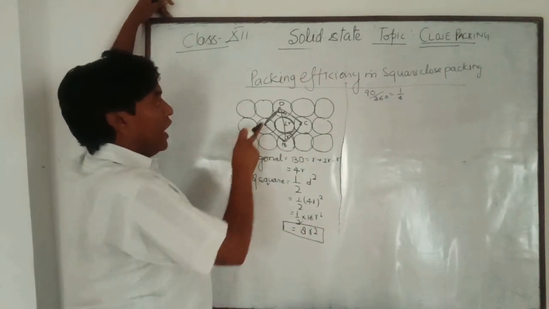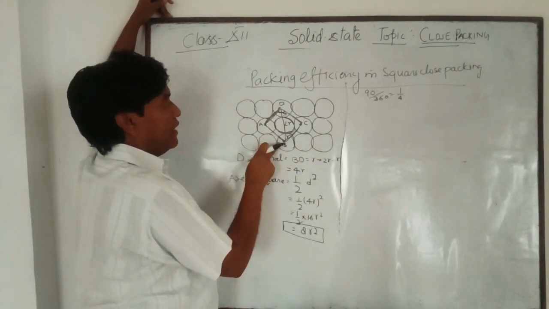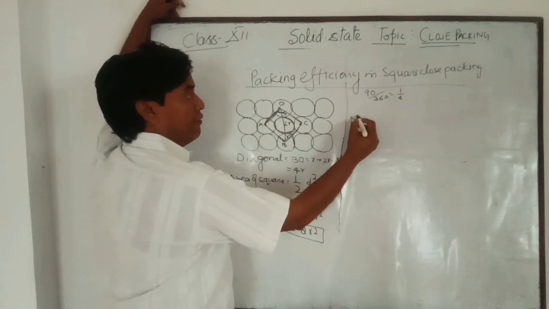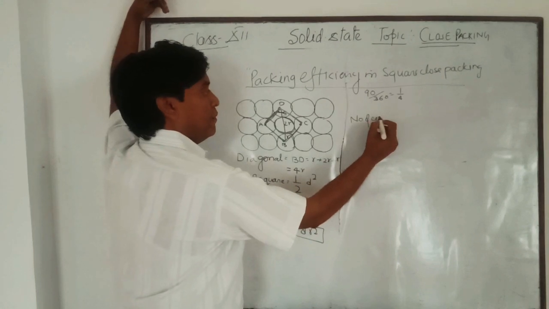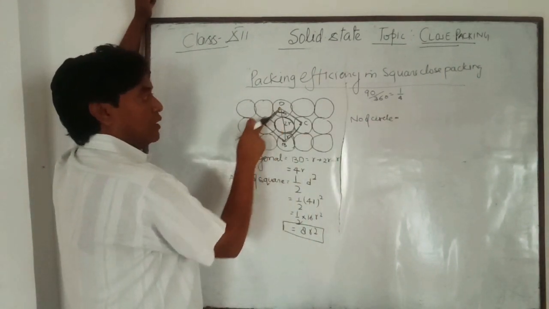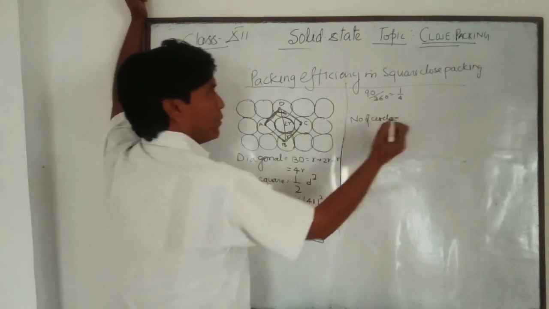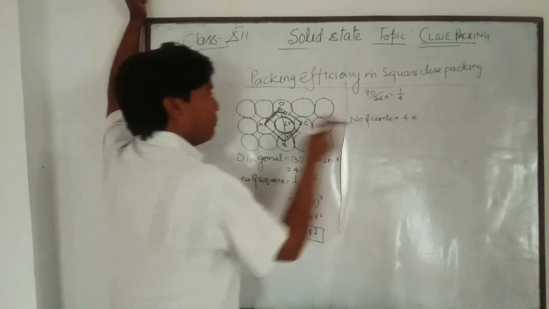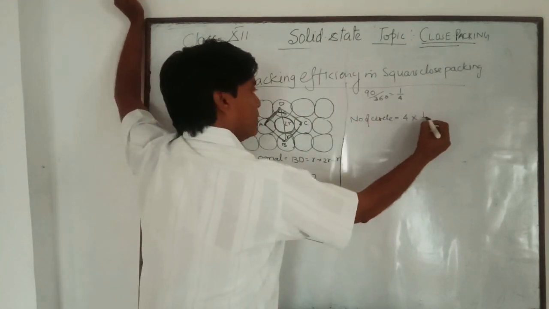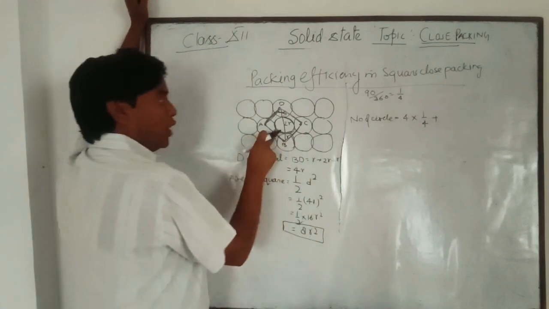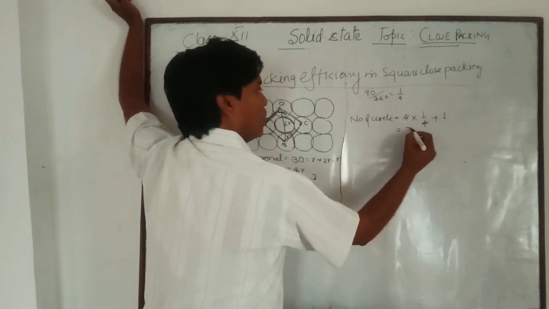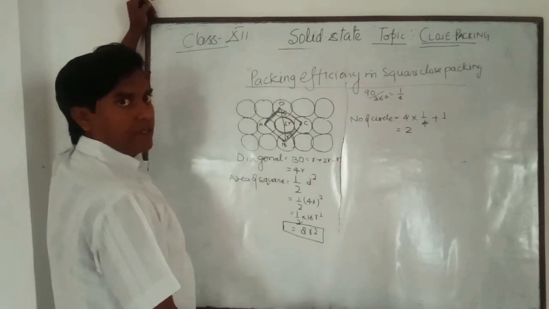It means all the spheres at the corner contribute their 1/4 part. Beta, how many corner particles are there? 1, 2, 3 and 4. One particle at a corner contributes how much area? 1 by 4. And there is 1 in the middle, that is 1. It means only 2 circles are there.